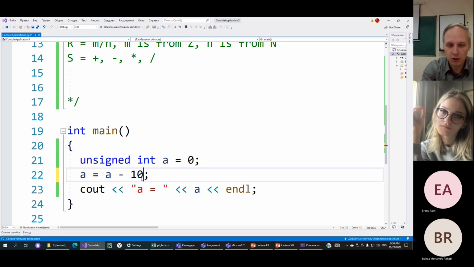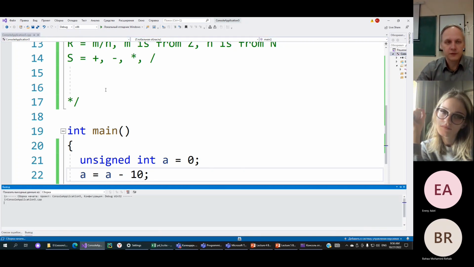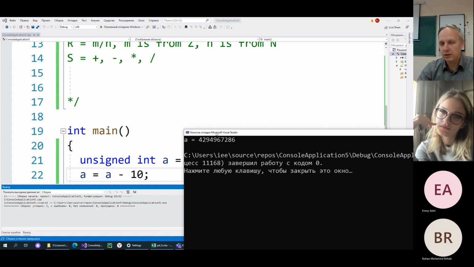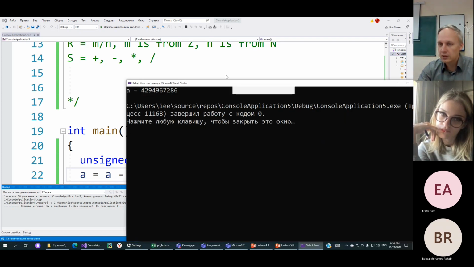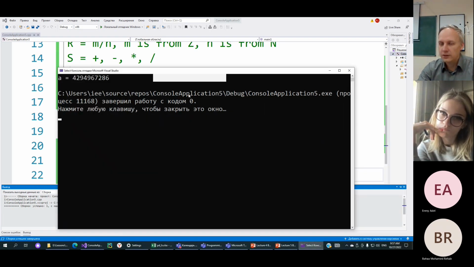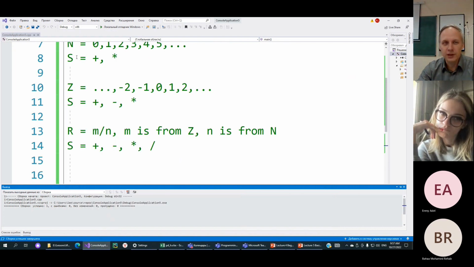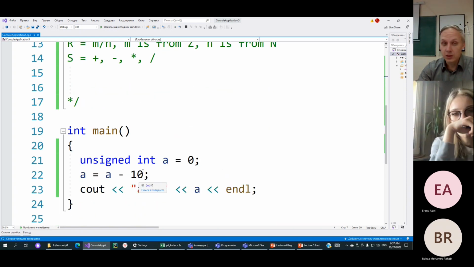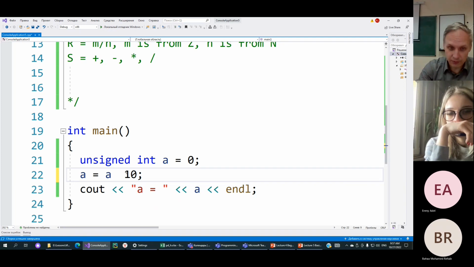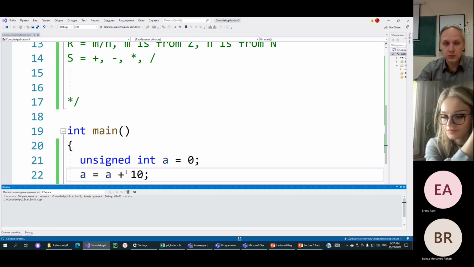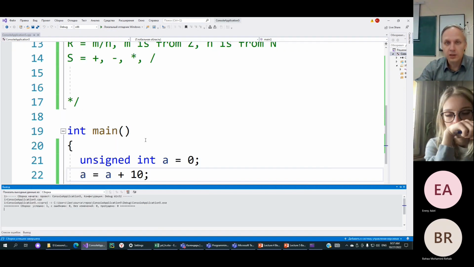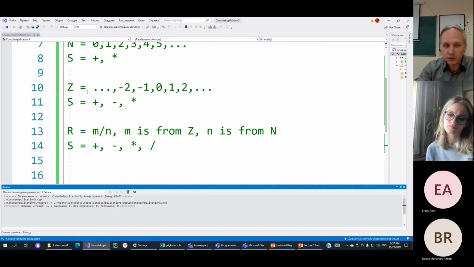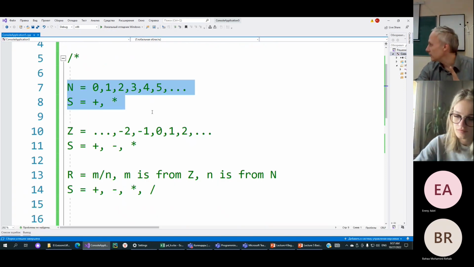For example, minus 10, also I'll get some very strange result, a large positive number, because A is unsigned. A corresponds to N, the natural numbers. But if I add plus 10, I see 10. It's okay. It strictly corresponds to the type, natural number.